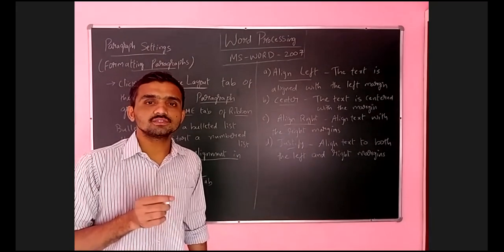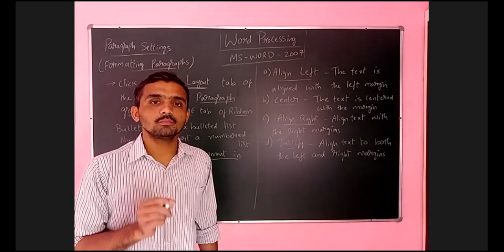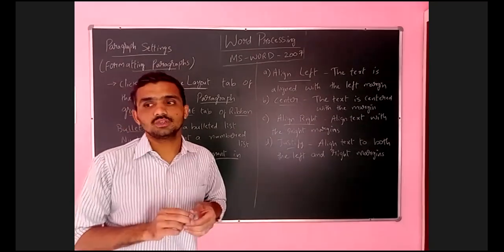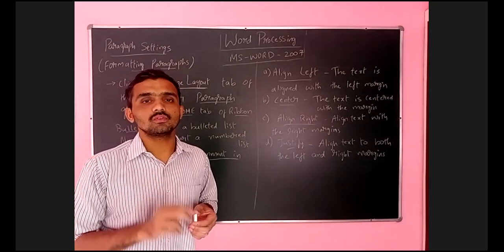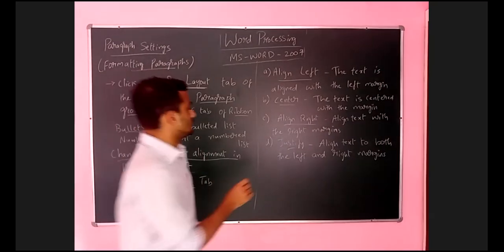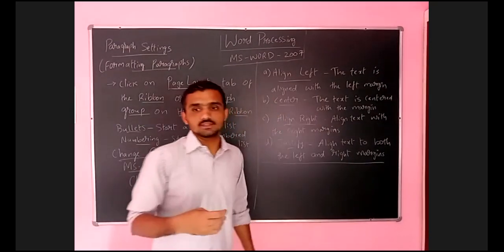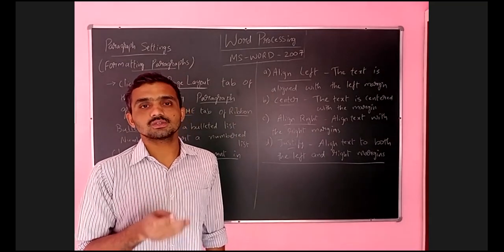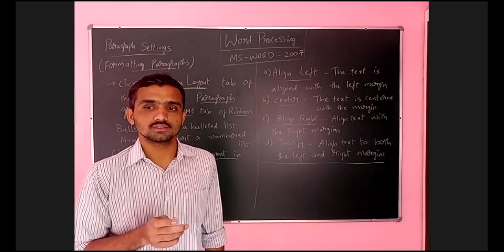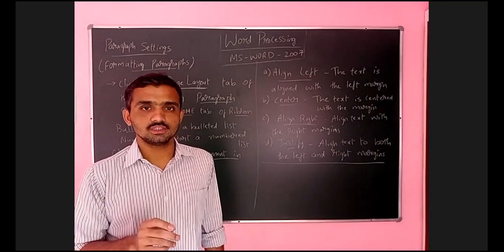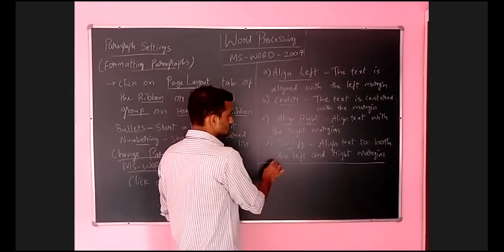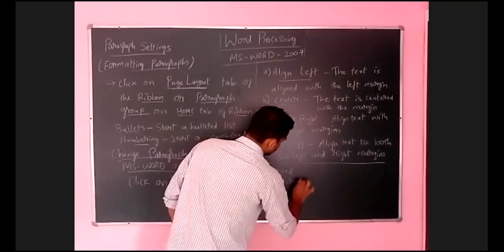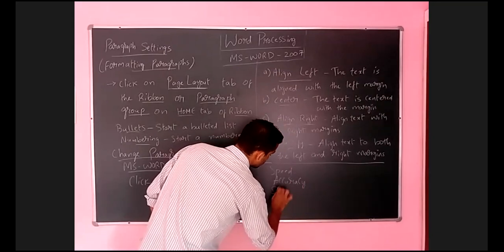There are many settings with respect to paragraphs. Out of all those settings, the most important are bullets and numbering, which we often use when we type a document. For example, if we have points, like features of a vehicle or characteristics of a computer, let me consider speed, then accuracy, storage capacity.